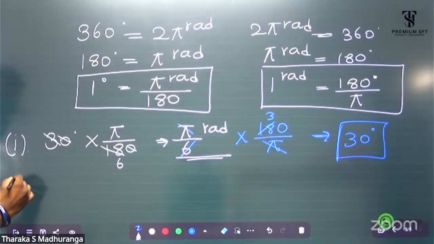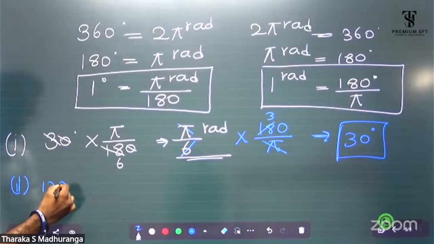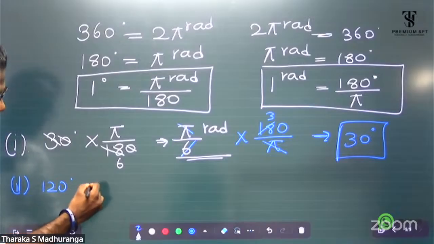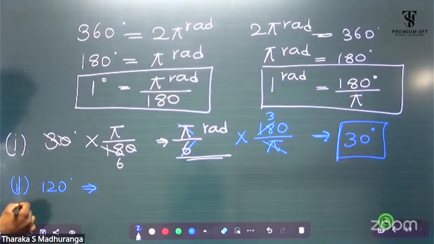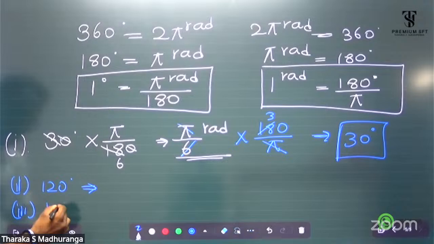Okay, second one: 120 degrees, convert into radian. Third one: 190 degrees, convert into radian.